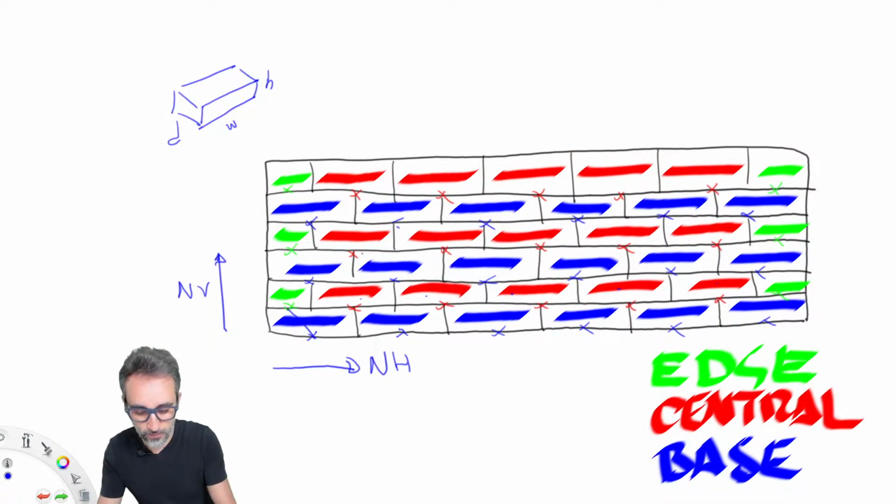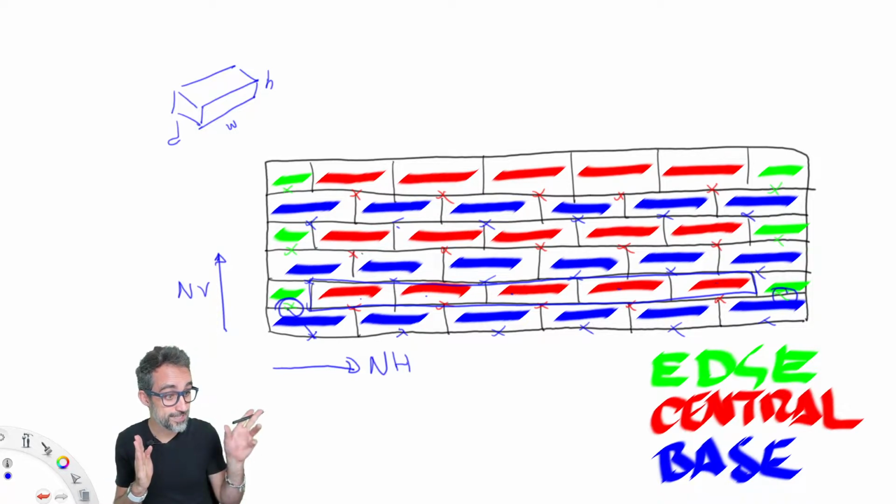We need to calculate the distance from this point here to this point here. That distance is basically the amount of bricks in the x direction minus 1 times the width of the brick.